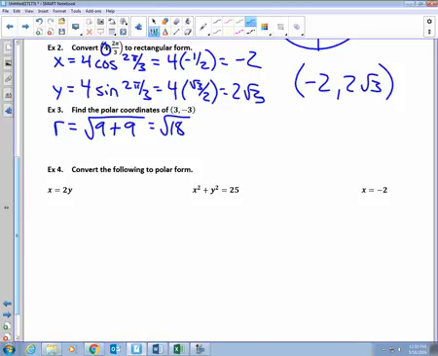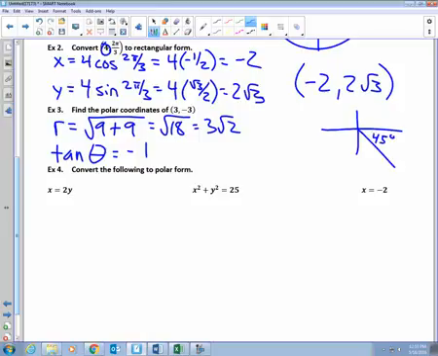Square root 18 is? I find theta. Tangent of theta is equal to negative 1. Which quadrant am I in? 4. 45 degrees. So what's the angle then?